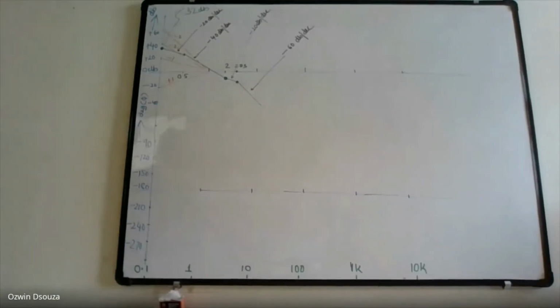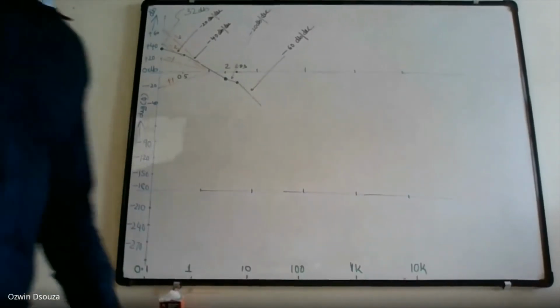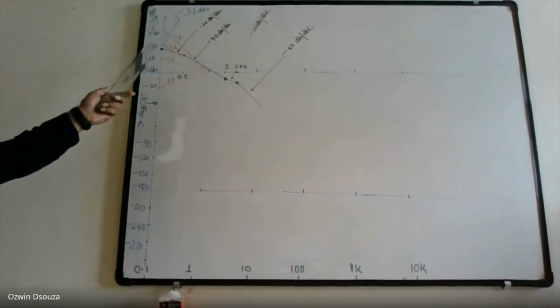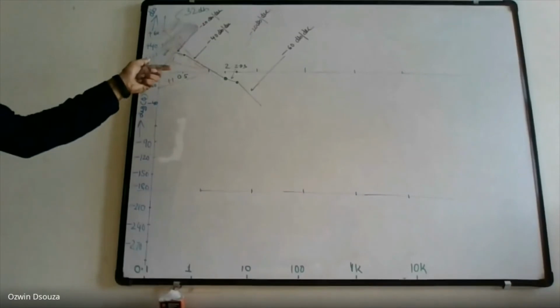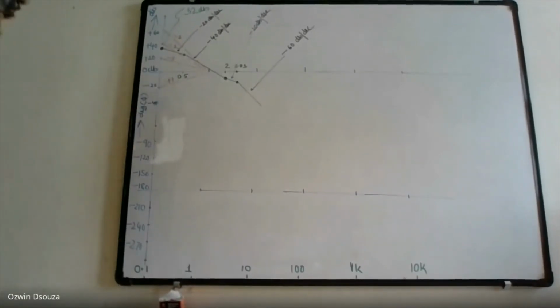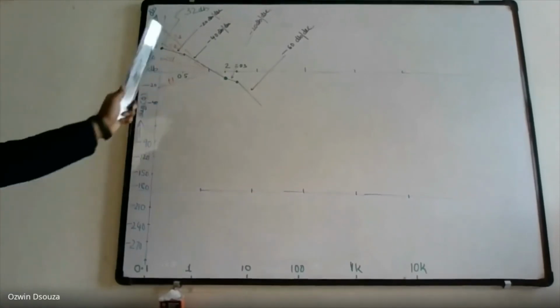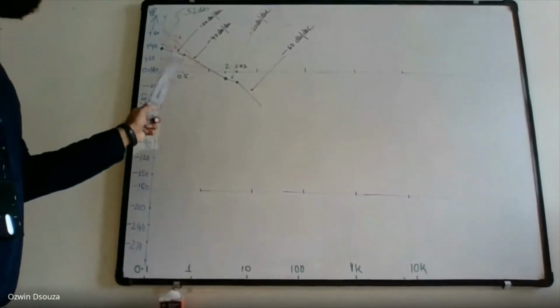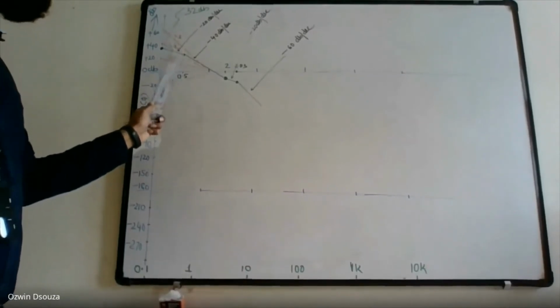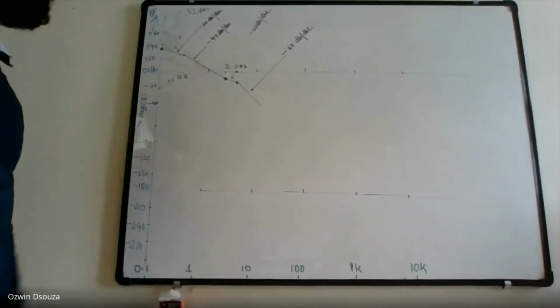Okay, so that's the magnitude plot. Starting from 32 dB, the straight line will have minus 20 decibel per decade till the next corner frequency, which is located at 0.5 radian per second. And then from 0.5 radian per second, the first order pole comes into picture, due to which the net slope becomes minus 40 decibel per decade.